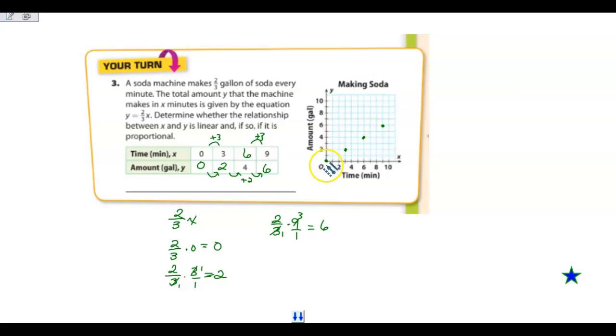Are we able to draw a line through them? Yes. So, because I could draw the line through them, is this linear or nonlinear? Is it a function? And is it proportional or non-proportional?